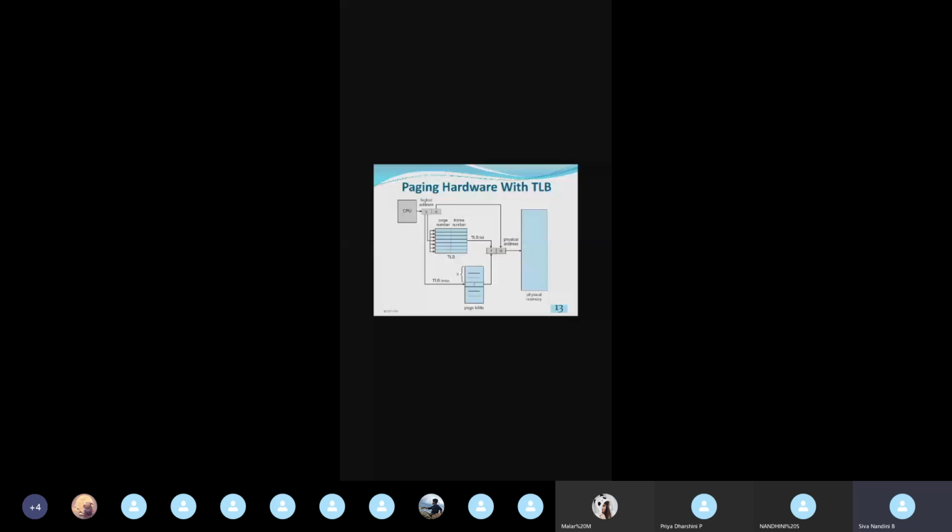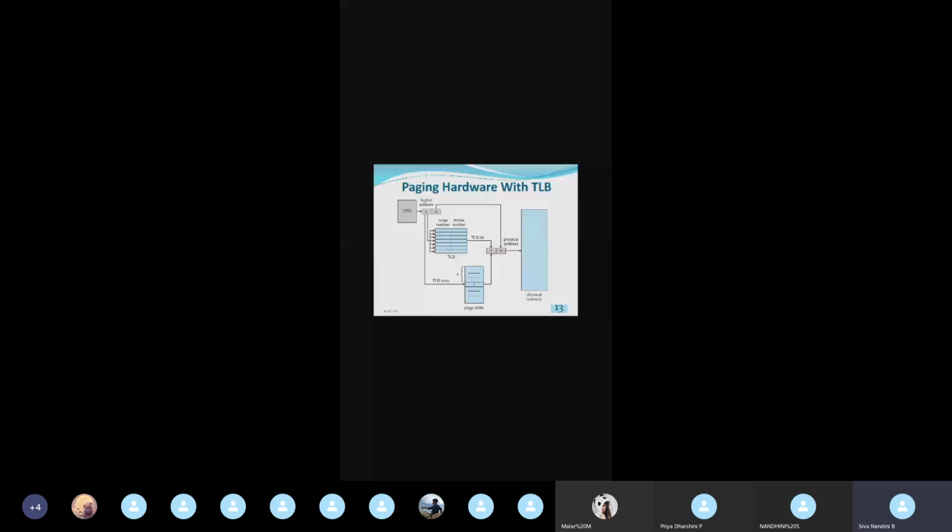Once this particular page number is found in the TLB, we call it a TLB hit. The page number is available in the TLB, so we say TLB hit. We search for page 3, and if page 3 and its frame number are available in the TLB, it is said to be a TLB hit. That is what is marked as TLB hit in the diagram.